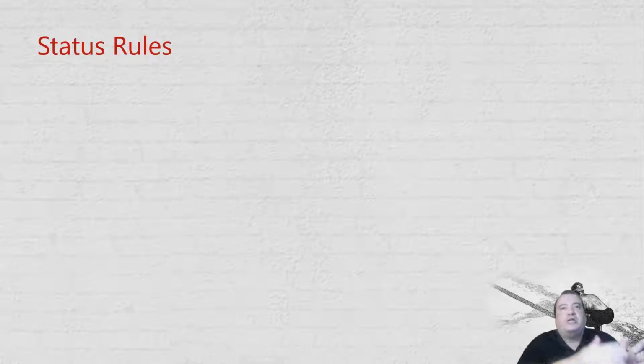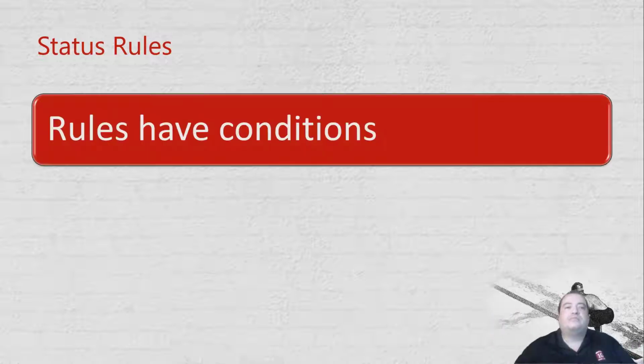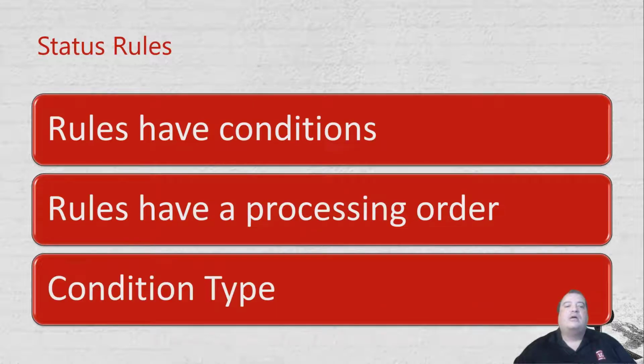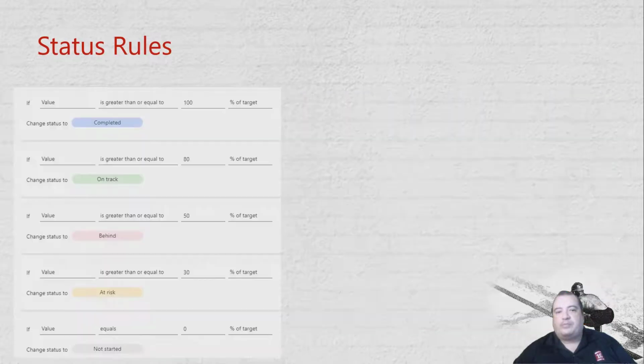So each check-in will have a status, and the status will be showing the progress of the metric towards the target value. The rules which we define for each metric, they have conditions. Rules have a processing order, and each condition has a condition type.